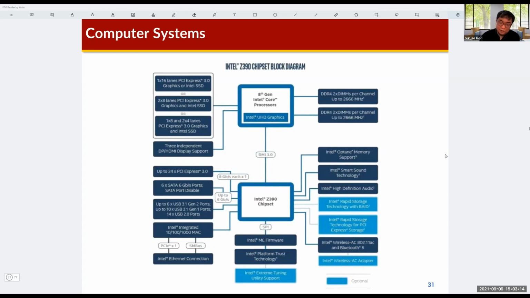As you can see, this is the CPU, and this is the mainboard chipset, and you can see which components are connected to the CPU, and which devices and storage are connected to the mainboard chipset. So why do I show this?